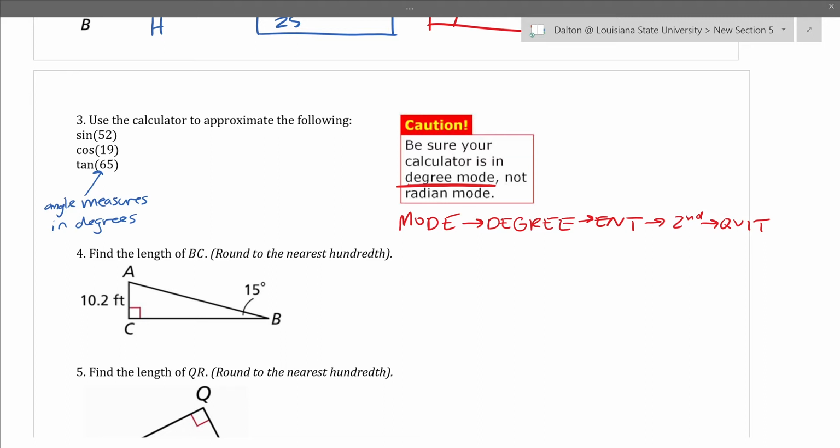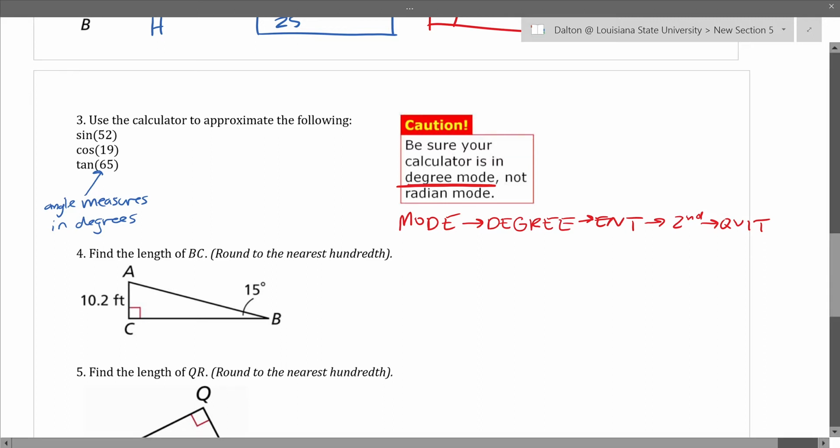So the first one, the sine of 52 degrees, you literally just hit the sine button and then type in 52, and then you can close parentheses if you want, and then hit enter. Let's go ahead and do to the nearest hundredth here, so 2 decimal places. So the sine of 52 to the nearest hundredth is about 0.79.